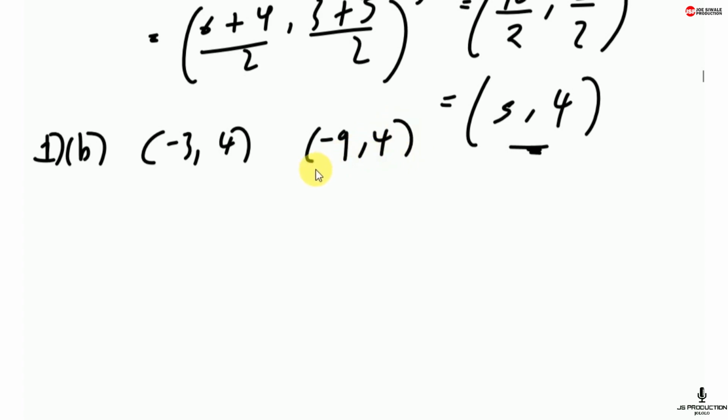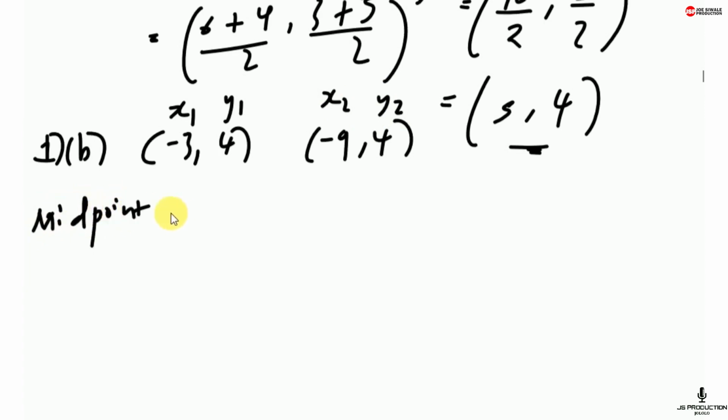So the first step is to write down your x1 and your y1. You're also supposed to write your x2 and your y2. So this is my x1, this is my y1, this is my x2, this is my y2. And after that I'm going to write down the formula.